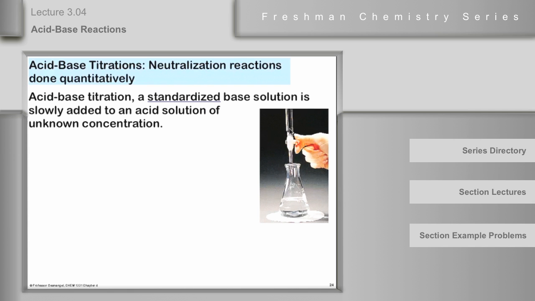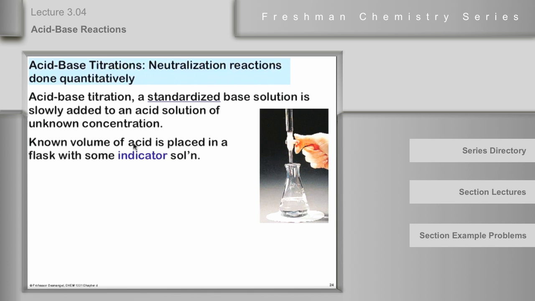We have a burette which has a graduated tube on top that shows the volume. It has a valve on the bottom and a flask here that might have the acid in it, dissolved in some amount of water. And we know the volume of this solution, but we don't know its concentration. And in the burette up here is the base solution, and we know its concentration, and we use the burette to figure out what volume it takes.